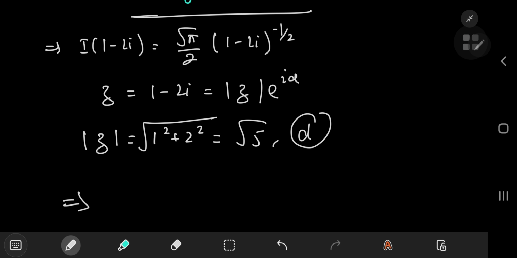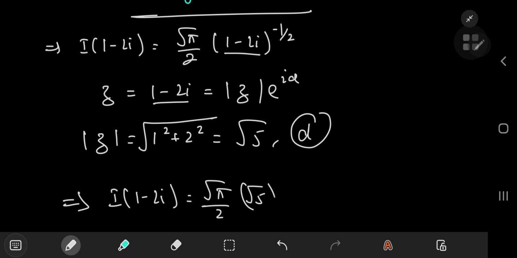Now, this implies that I of 1 minus 2i equals the square root of pi by 2 times this complex number raised to the negative 1/2. So that will give me the square root of 5 to the negative 1/2 times e to the negative i alpha by 2.